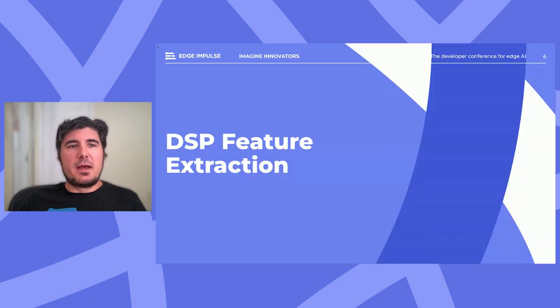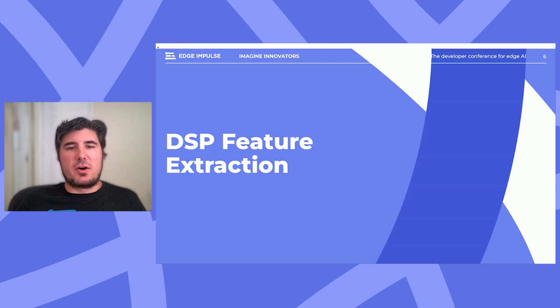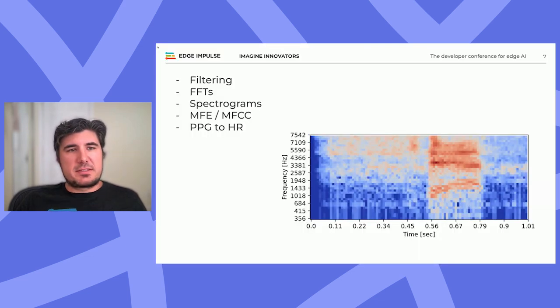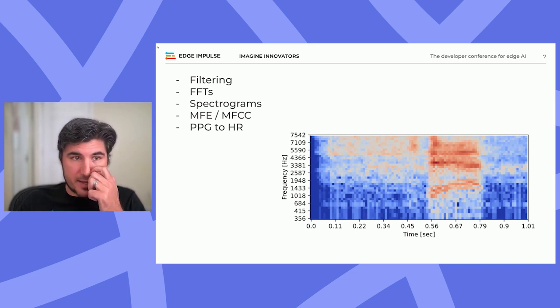So what is DSP feature extraction and what are the typical ways you can do this? There's a lot of options. It can be as simple as filtering out noise. Another really common basis for feature extractors in DSP is using FFTs, so transforming the data from the time domain to the frequency domain.